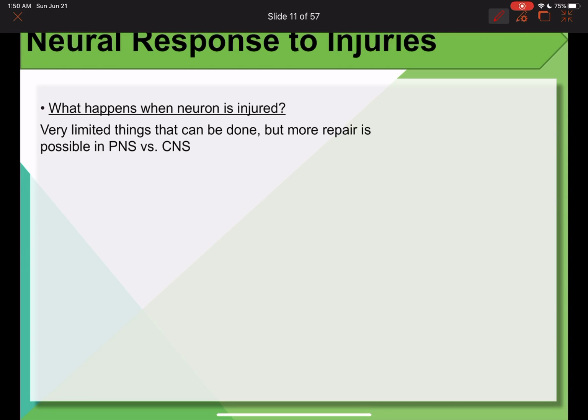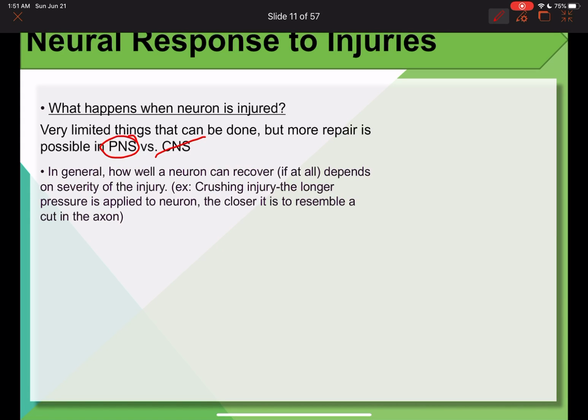As I've mentioned in the beginning of the chapter, neurons can't do self-division. So when a neuron is damaged, there are really very limited things that can be done. But some form of repair is possible, and usually more possible in the peripheral nervous system rather than the central nervous system. And I'll explain why that is in a bit.